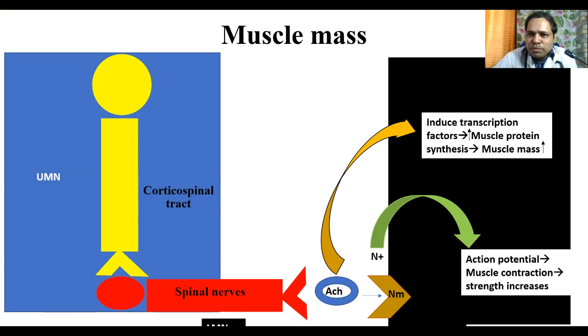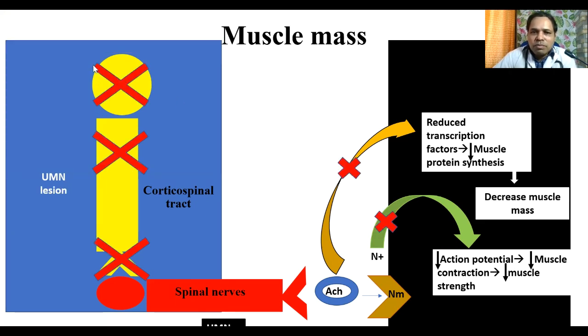This is what always puts you in confusion. Understood? Most probably in the theory classes, they talk only about muscle contraction, but they will not throw light on muscle protein synthesis and muscle mass. There you may land up in confusion. Now we'll see how it affects when there is a lesion.